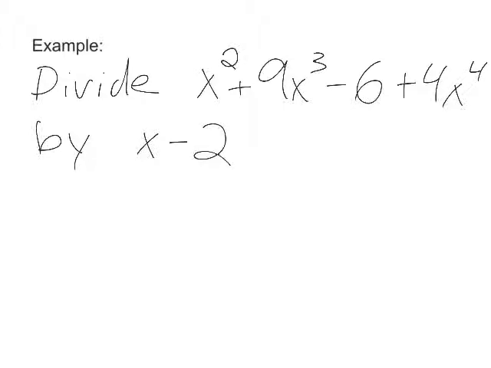So the first thing I want to do is pull the c value out of that divisor. If we compare that to x minus c, you want to write down what c is equal to. If you pull the constant out of that x minus c form, your c value is positive 2. You take the opposite. We had a negative, now we have a positive. So c will be equal to 2.